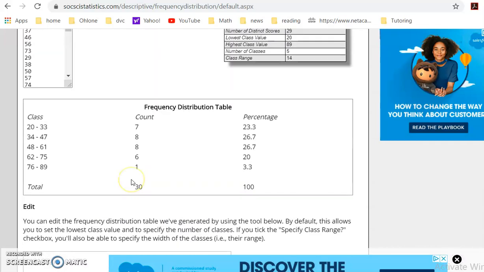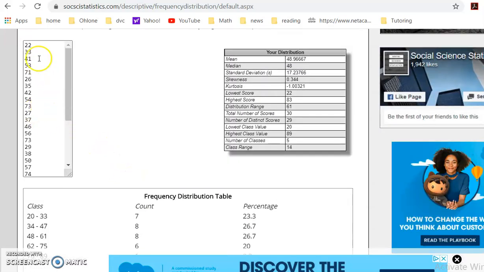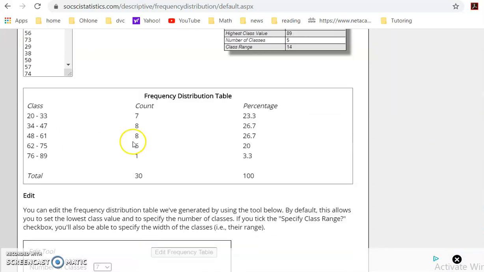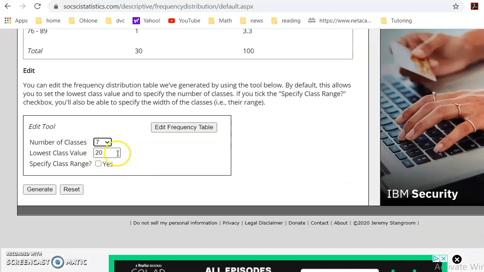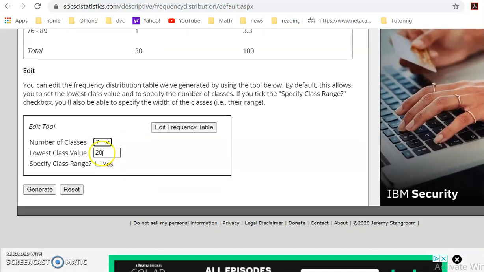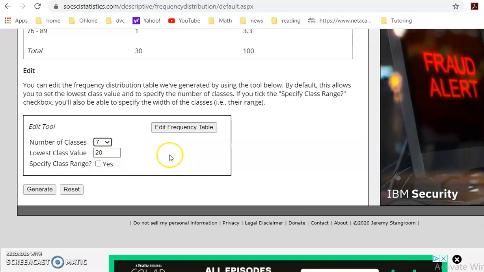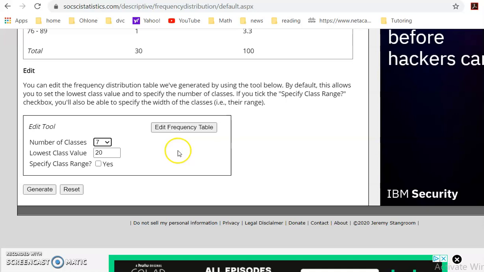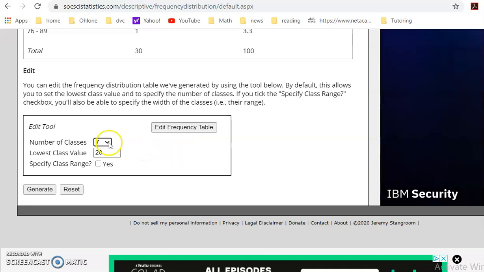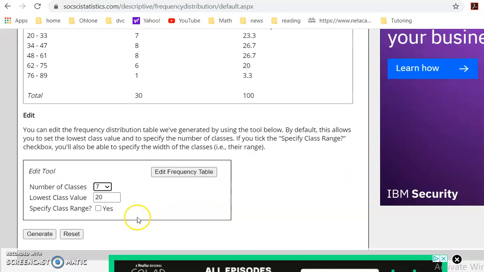In this case, you just take whatever they want to give you. I think the lowest is 22. You do not want to start from a very odd number. 20 is a good number, so just take it. You can also specify the class range you want, and they will tally for you. But very often you just want to increase your classes so you have more granularity.